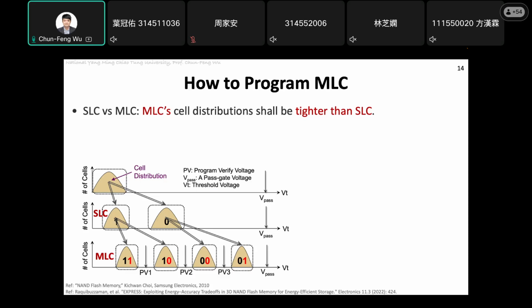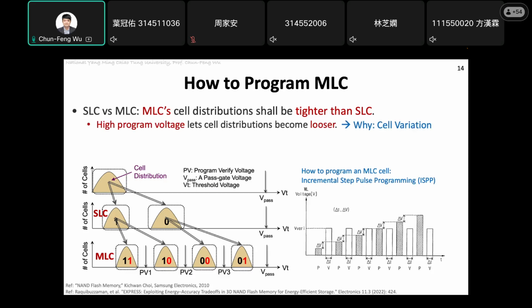If you only use one voltage number, then probably you will not succeed, and you will see this kind of distribution. A better way is to program several times, each time only incrementally increasing the voltage number, slightly pushing the voltage value to do the programming. Actually we use a thing called incremental step pulse programming, ISPP.